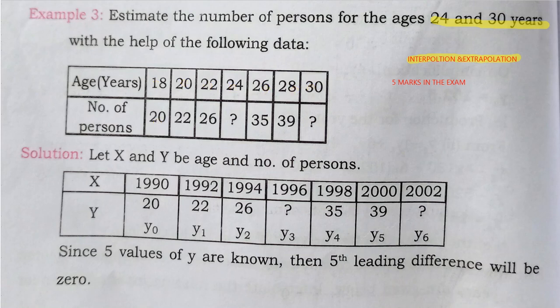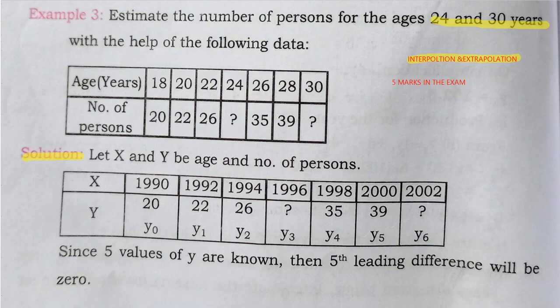Now we will find out the unknown values for 24 and 30. Here is the solution. Let x and y be the age and the number of persons.